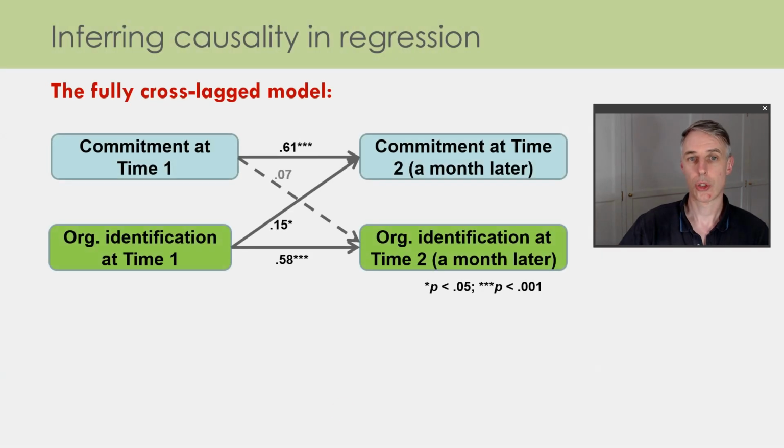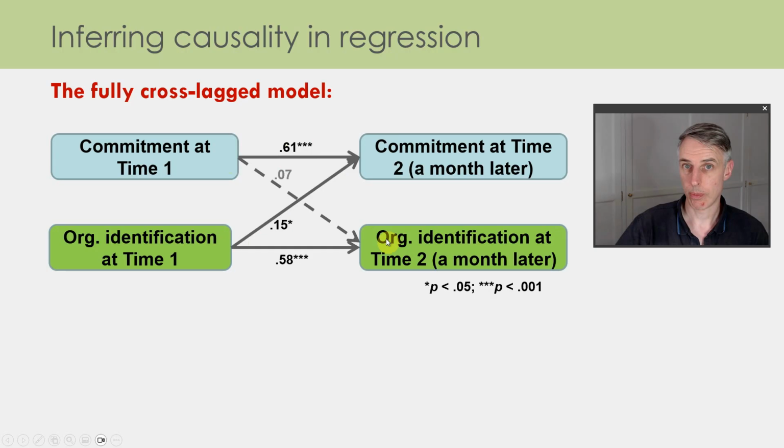Okay. So we might report that fully cross-lagged model as follows. We can draw it as a figure. We're including the coefficients from those two different models combined. All right. So the arrows pointing to commitment at time 2 come from that first model. That's the autoregressive coefficient, 0.61, highly significant. And identification also predicts change in commitment between time 1 and time 2.